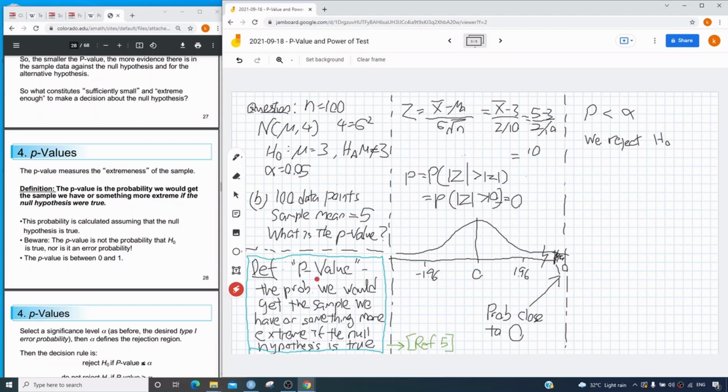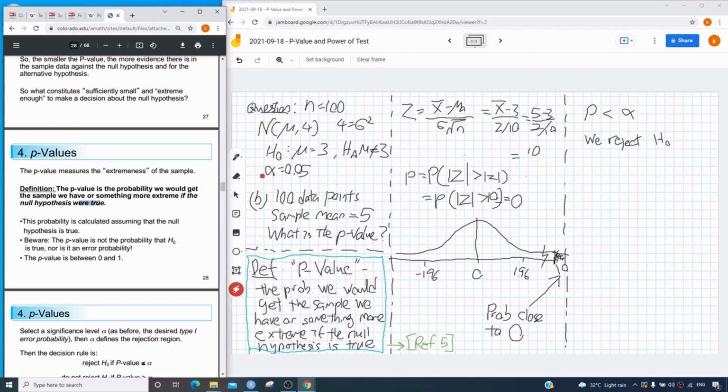Okay, now we will get the definition of p-value first. According to the material that I got here, the p-value is the probability that we would get the sample we have or something more extreme if the null were true.